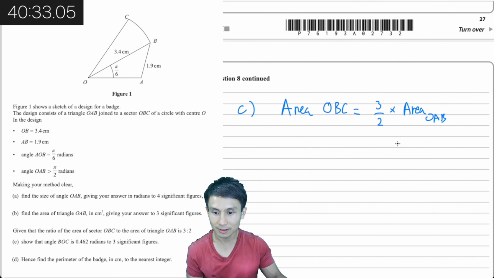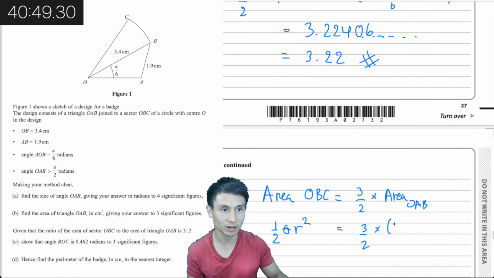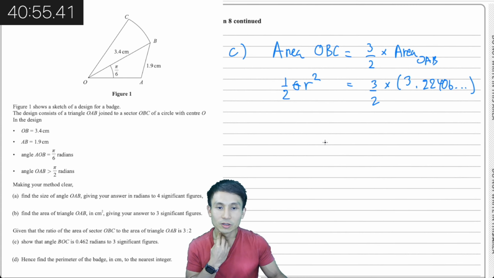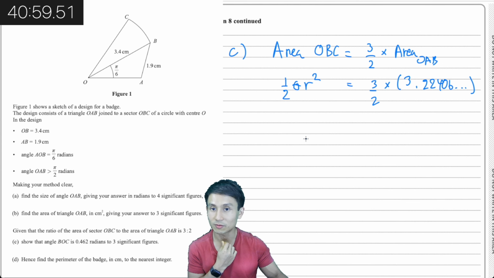But the area of OBC, which is a sector, is just 1/2 r squared theta, times just the figure we got up there, which I have in the calculator right now, so that's no problem. So we want to find the angle BOC, which is the theta here.